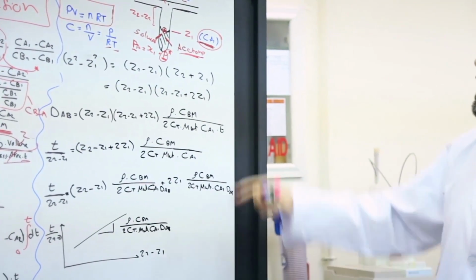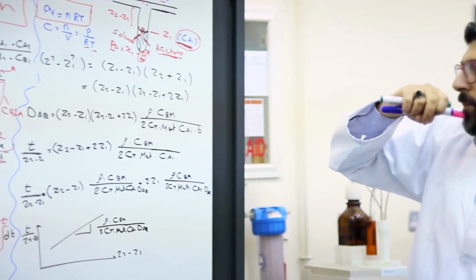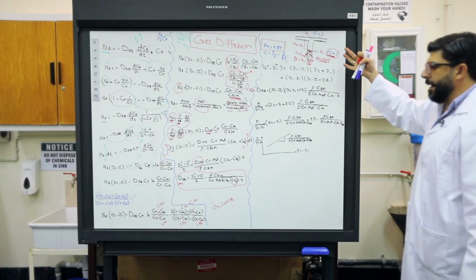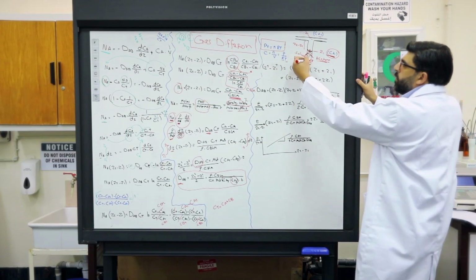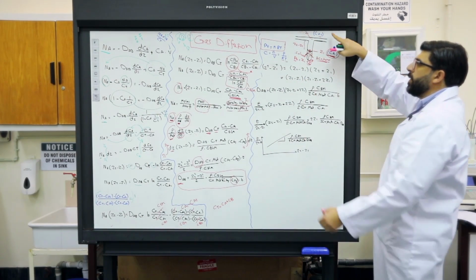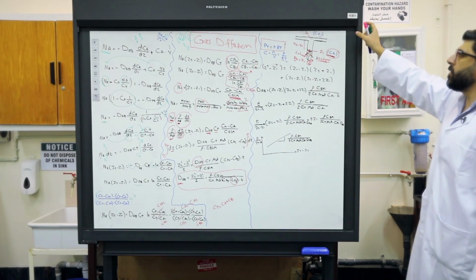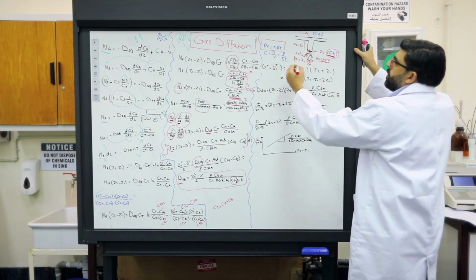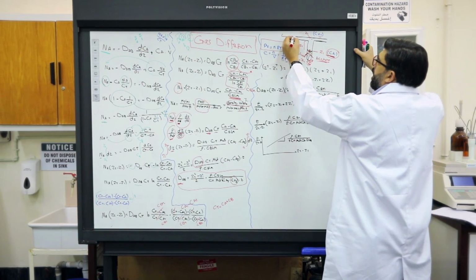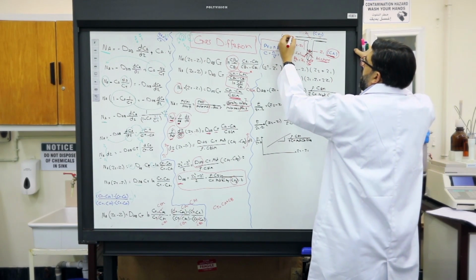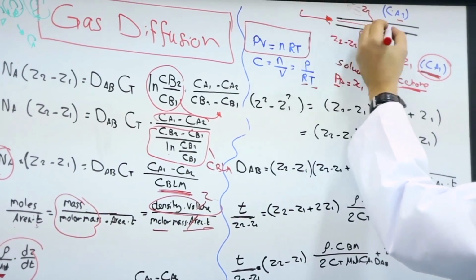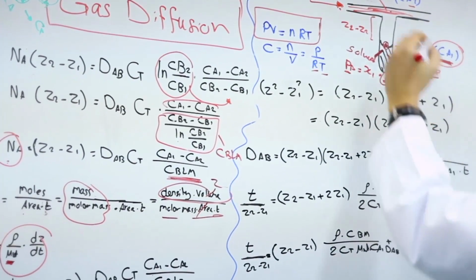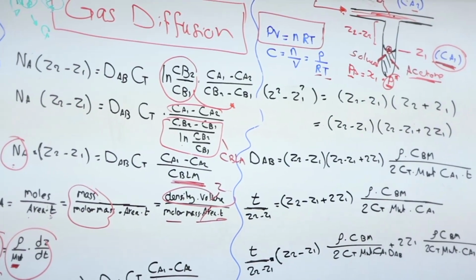Now, for CA2, how to find CA2? Actually, for CA1 we have a pure solution, so we can find it. But here we don't have anything to find. So the better way is to just get rid of this gas. So I'm just putting a pump, an air blower, to remove any accumulated vapor. So CA2 always becomes 0.